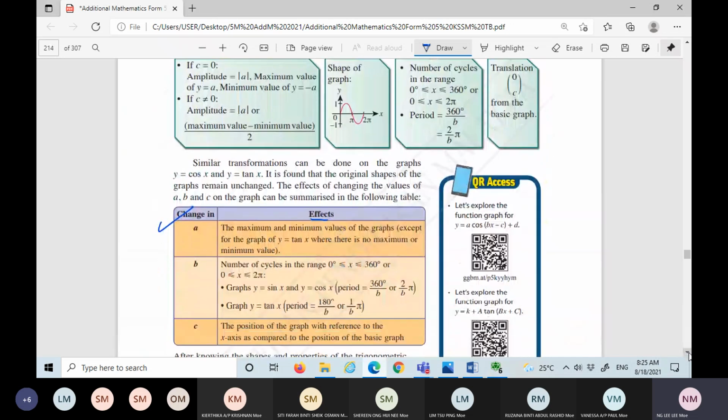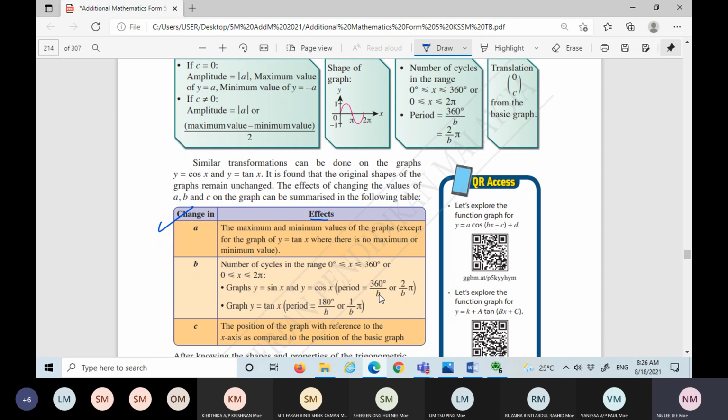B means the number of cycles in the range of this. So for graph sine x and cos x, this is the period. If you want to know the period for the new graph, you just use 360 divided by the b.